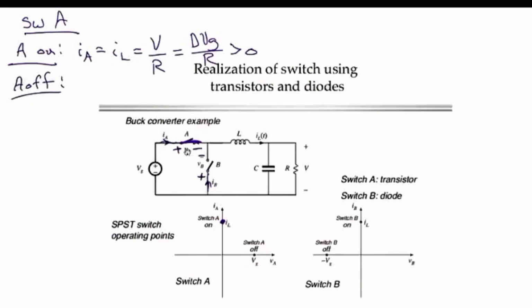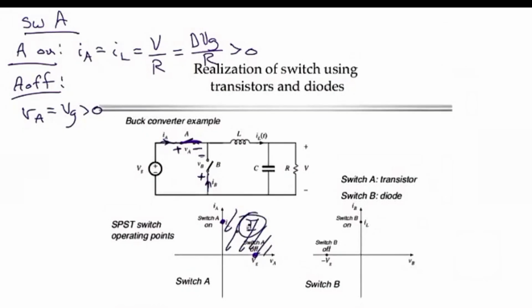When we turn A off, B is on. The voltage is equal to Vg, and that's a positive quantity. So when the switch is off, it blocks a voltage Vg, so that the on state current and the off state voltage are both positive, in quadrant 1.